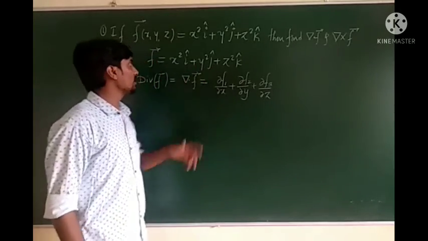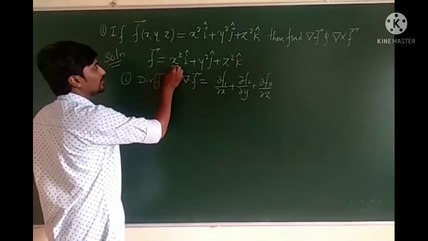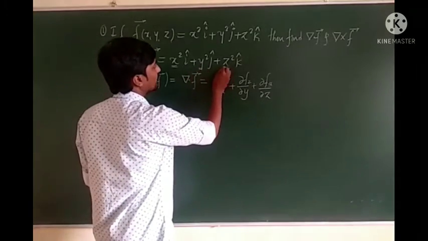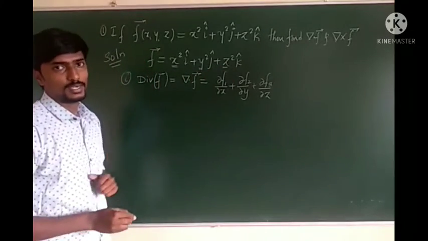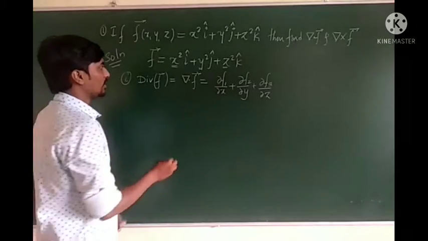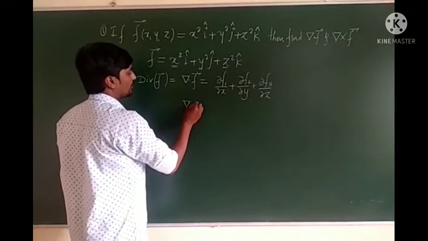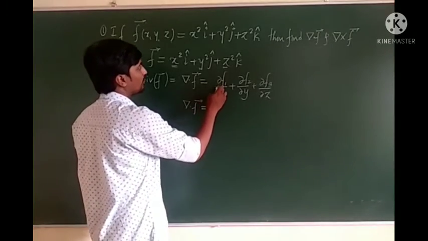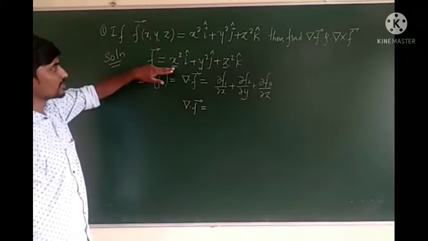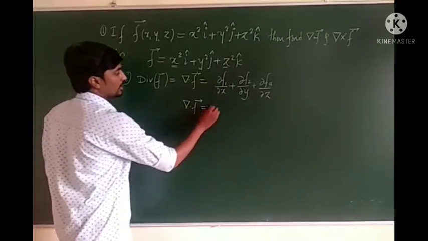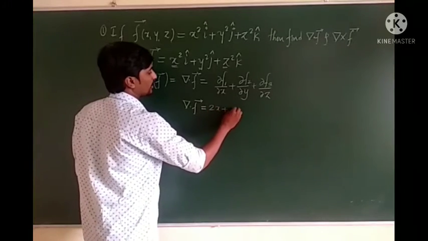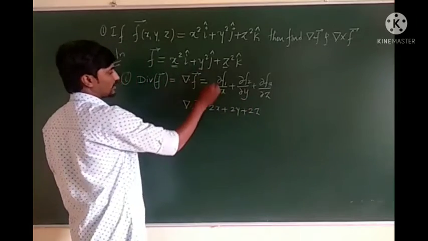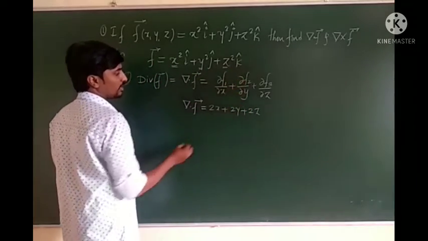In this case f1 is x square, f2 is y square, and f3 is z square. So del dot f is equal to dou f1 divided by dou x, so the differentiation of x square is 2x, plus 2y, plus 2z. The differentiation of y square is 2y and for z square we have 2z.